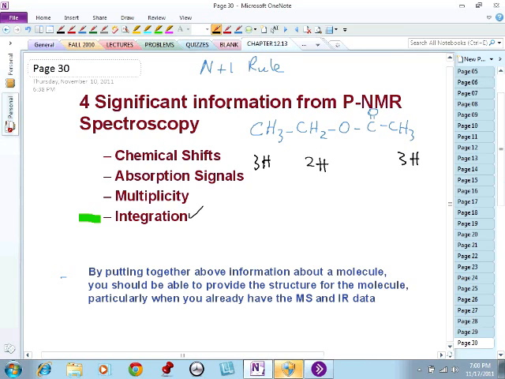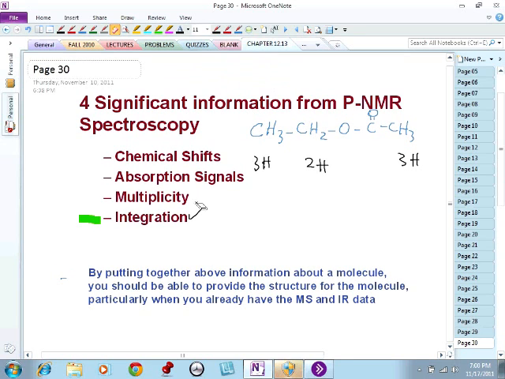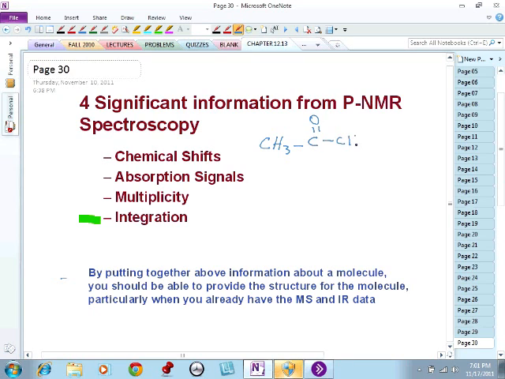Supposing I give you this, I'm trying to make up something here, right? And I ask you to give me the proton NMR spectrum of this compound.